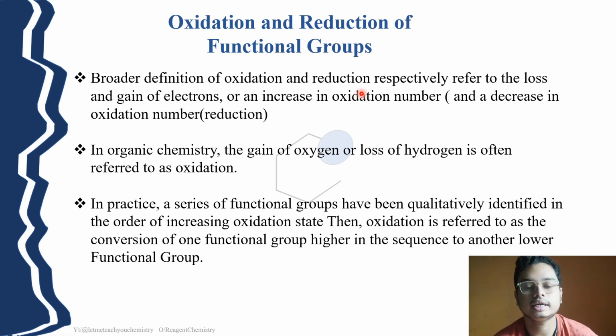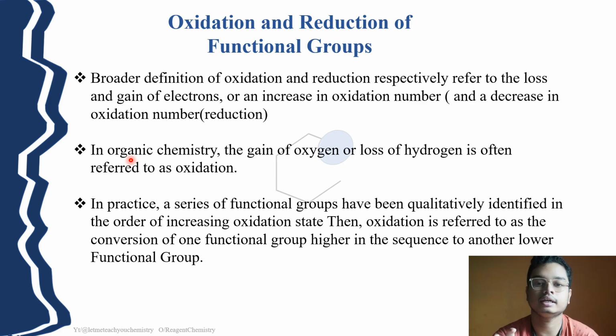Okay, or we can say that oxidation leads to an increase in oxidation number, and in the case of reduction, it decreases the oxidation number. Now it may be a little bit confusing, but we can understand that if a particular compound loses electrons, then we say it is oxidized, or oxidation happens. And if any compound gains electrons, then we say reduction happens.